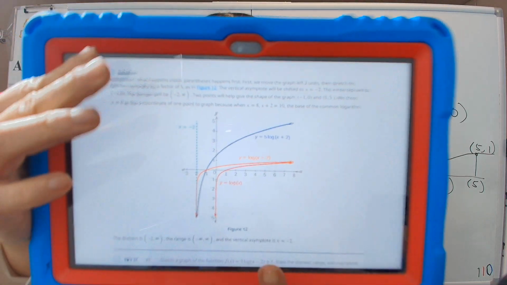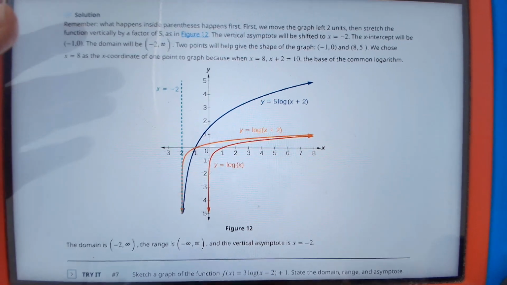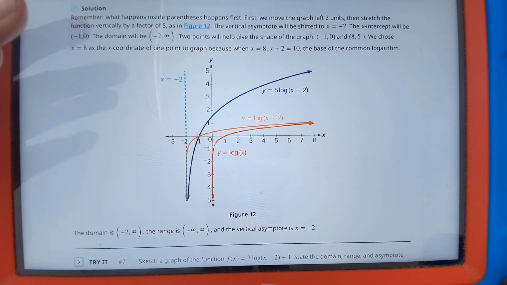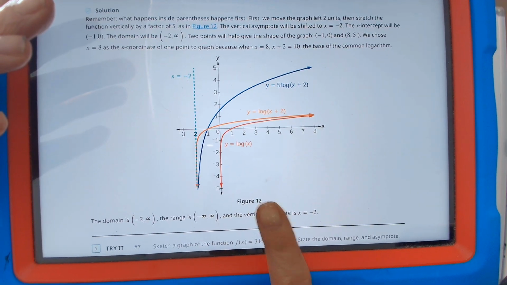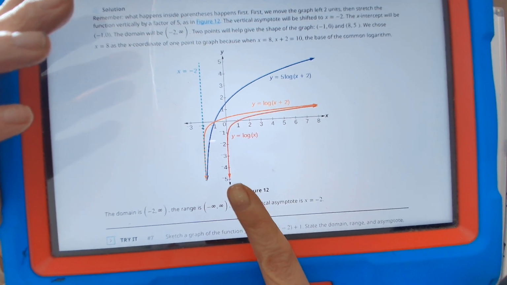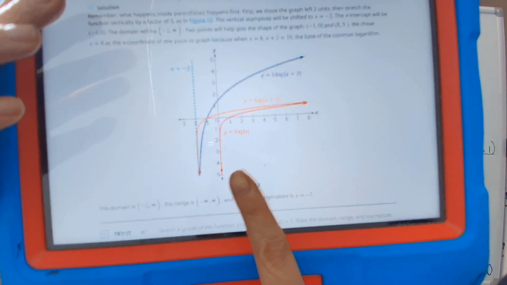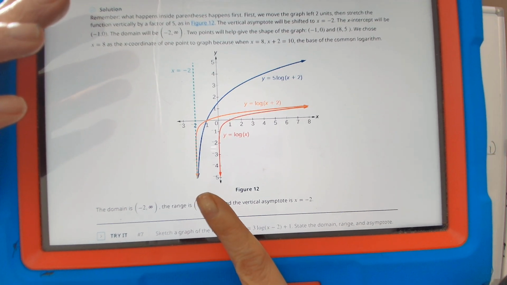Because here, the blue line is the original function, y equals log x. First, we're trying to make it x plus 2, so shift left 2 units, okay? And then we need to stretch it by 5 units.